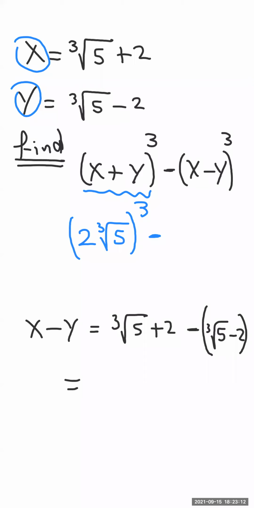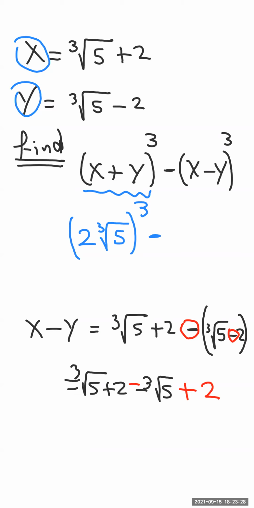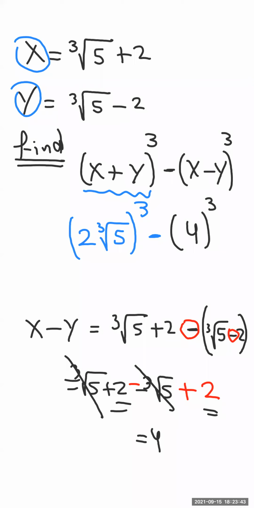So simply, it will be cubic root of 5 plus 2 minus cubic root of 5, and here there is a negative sign and a negative sign, so minus negative 2 means plus 2. Cubic root of 5 minus cubic root of 5 is 0, so 2 plus 2 equals 4. So simply, this term equals 4 to the power 3. Are we clear till now?